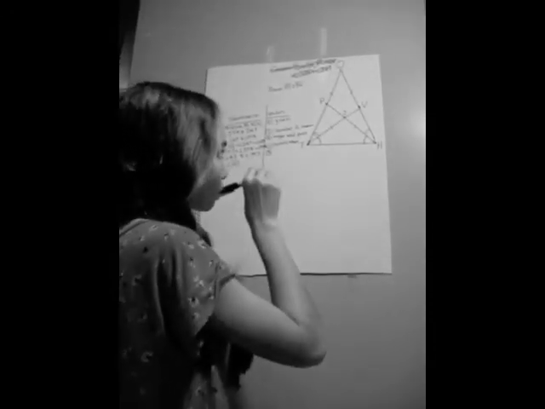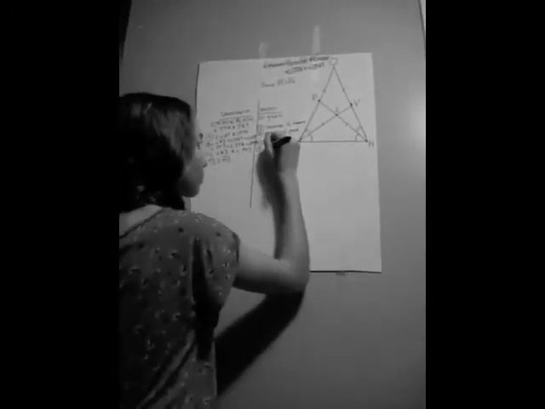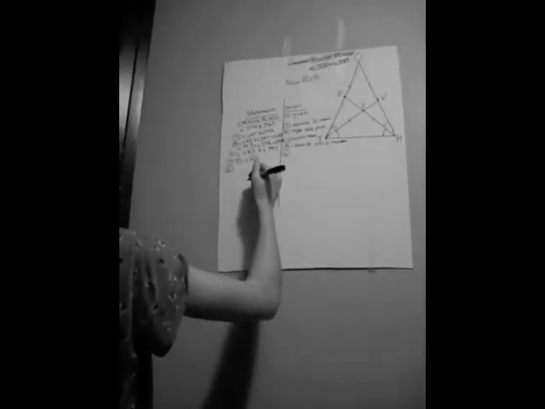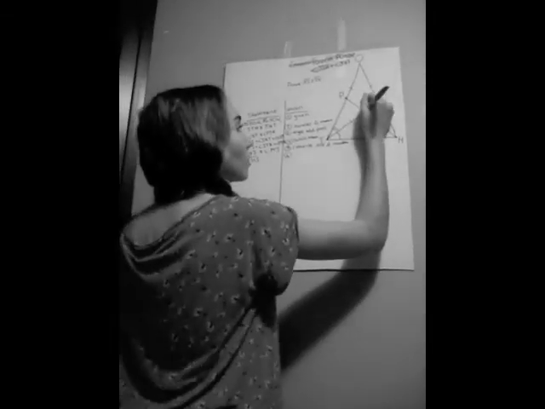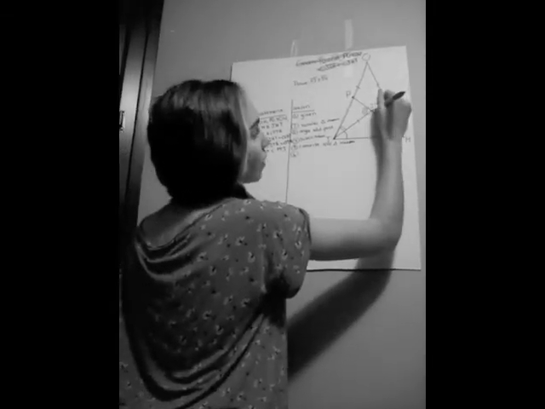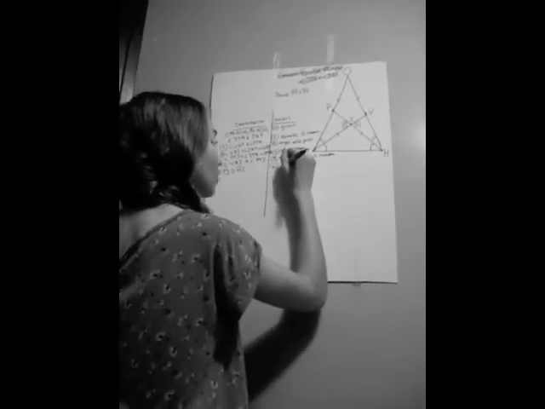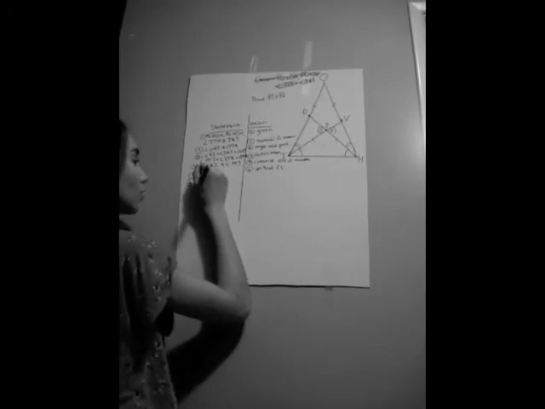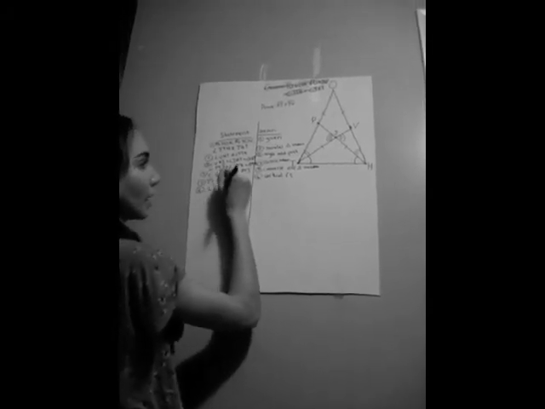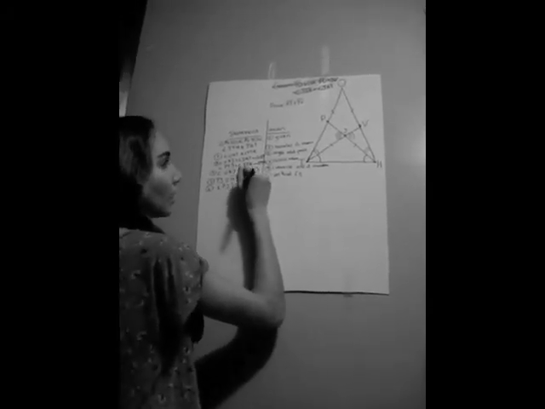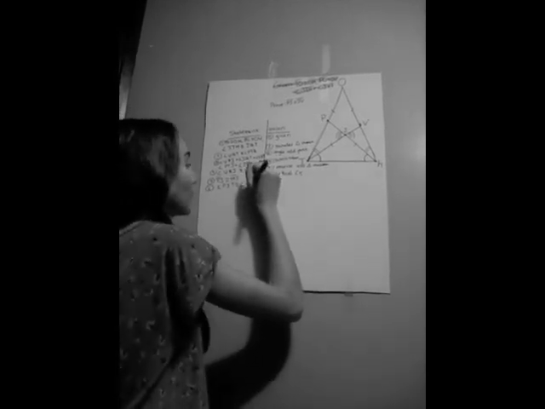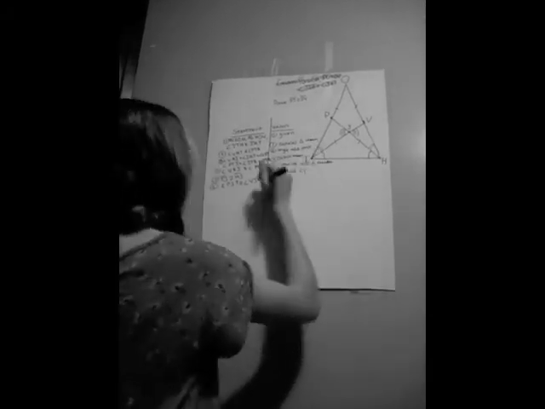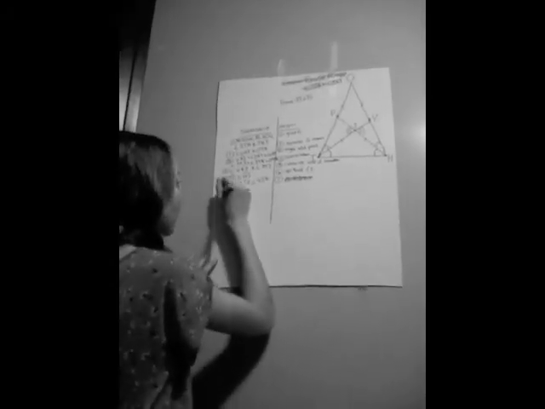And then I would say that this angle is congruent to this angle because vertical angles. So angle PJT is congruent to angle VJH by vertical angles theorem. And then 7.